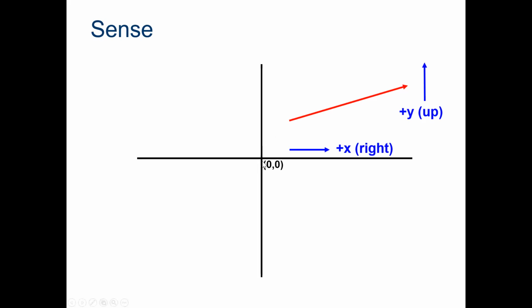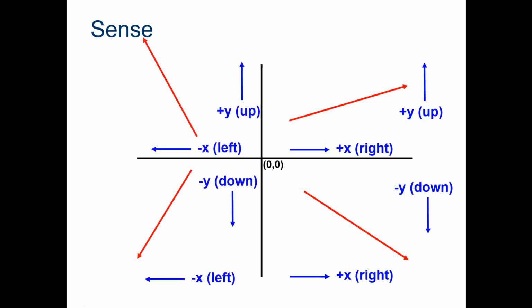Starting from the origin, you would go to the right on the positive x-axis and up on the positive y-axis. And take a look at this force vector. How do I get to the tip of the arrowhead? I would go right on the positive x-axis and down on the negative y-axis. These are two examples.